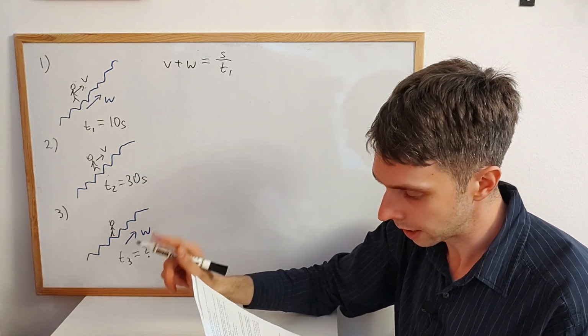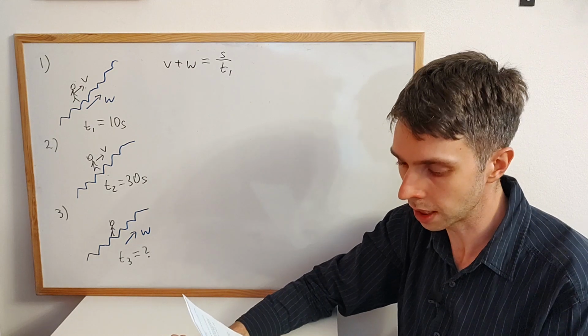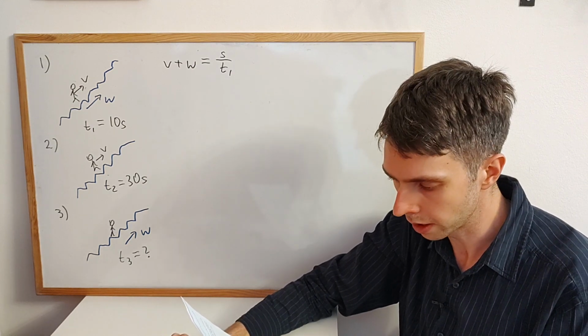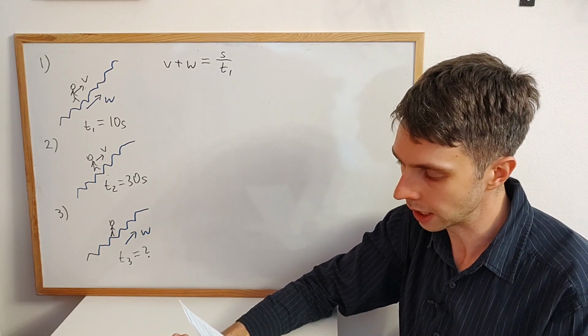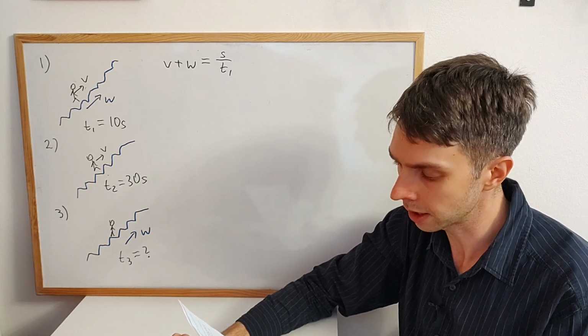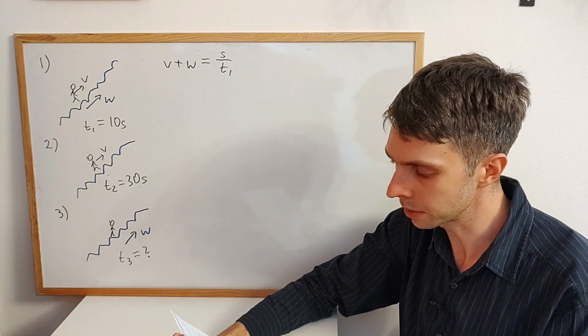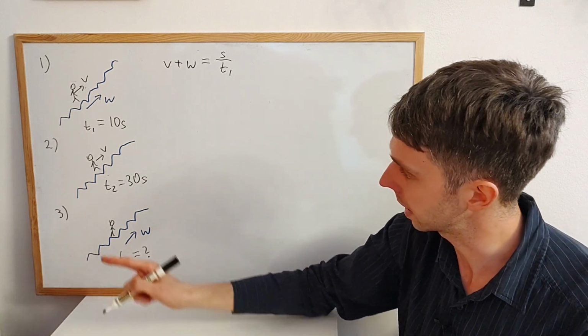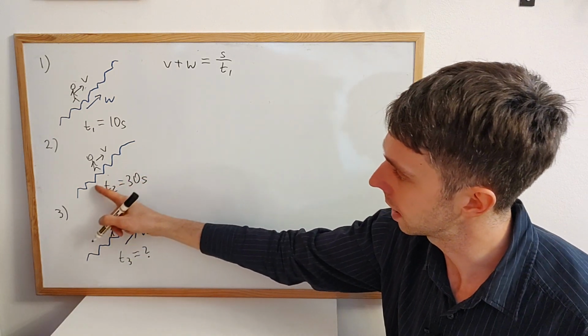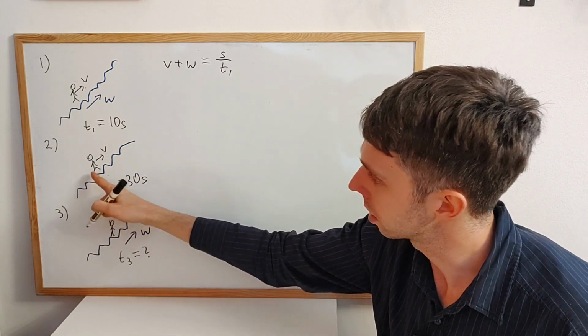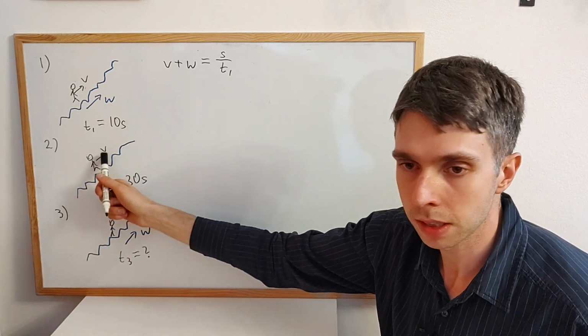Then, when the escalator is stationary due to a failure, a customer moving at the same speed relative to the stairs as before climbs the escalator in 30 seconds. So now the escalator doesn't move and only the customer moves with speed v.